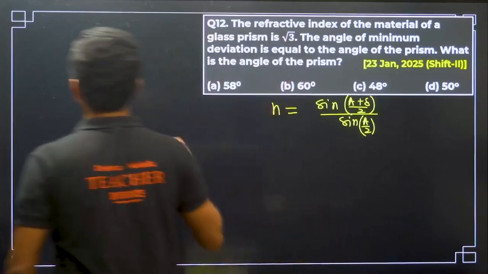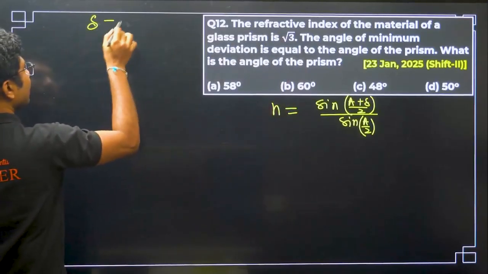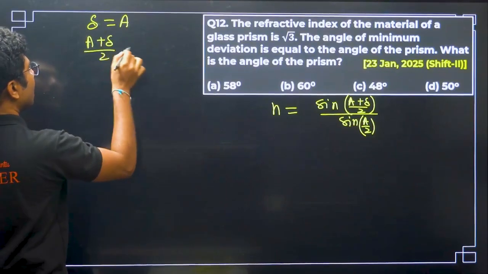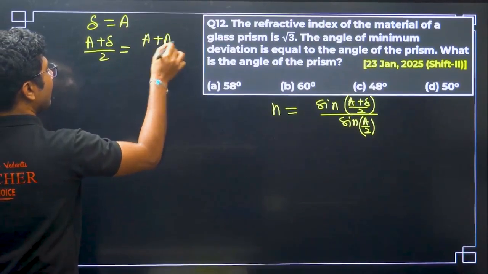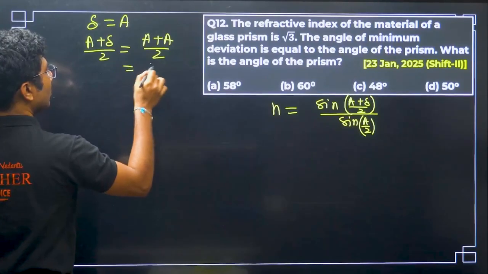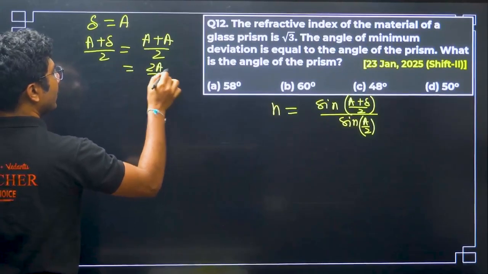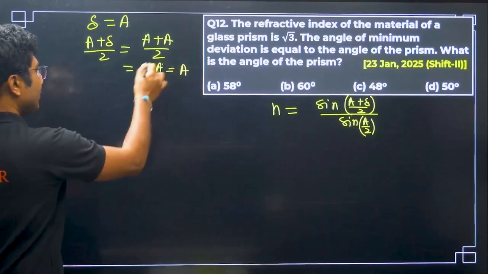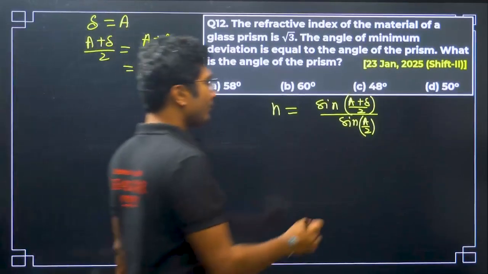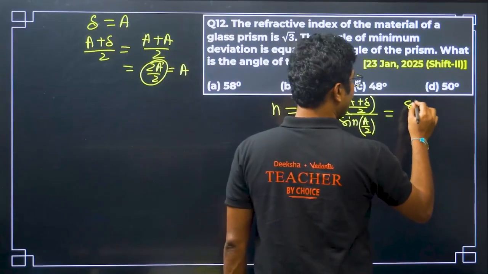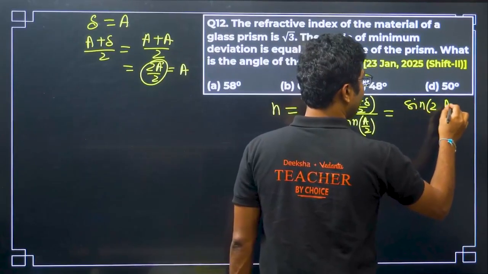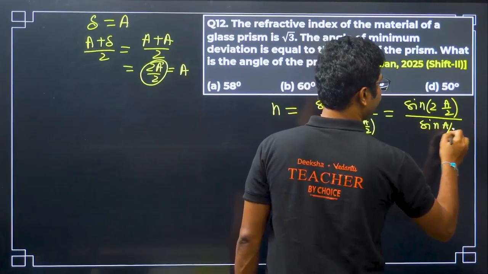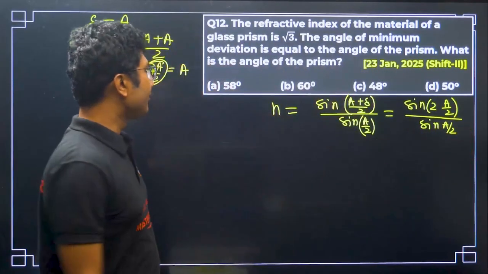Now, in the question it is mentioned that delta becomes equal to A. So, (A plus delta)/2 becomes (A plus A)/2, that is 2A by 2, that is A, right. But we will use this one, okay. Why we will know in a while. So, sin(2 into A/2) by sin(A/2), right, and n value is given as √3.